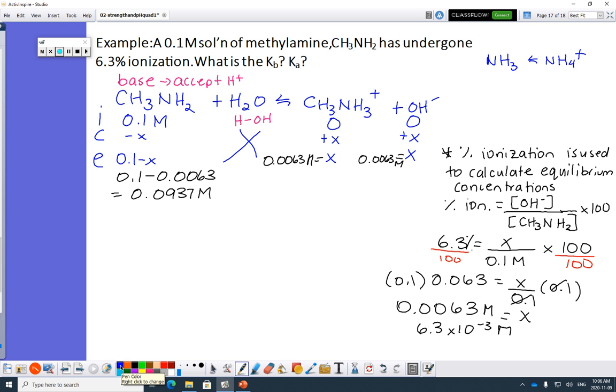So when you're given pH, percent ionization, something at equilibrium, that makes the question, I think, a little bit more straightforward. Okay, so then we're asked to find Kb.